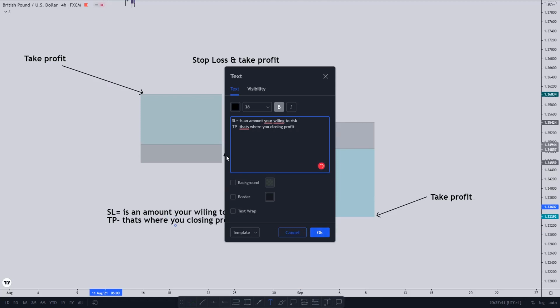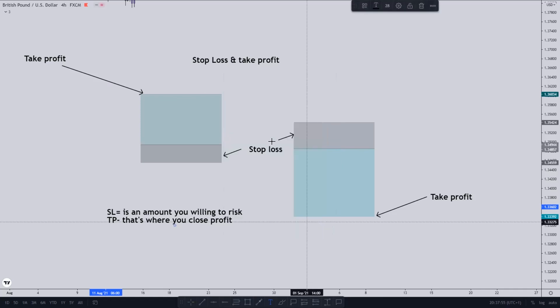That's where you close your profits. And the stop loss is the amount you're willing to risk.